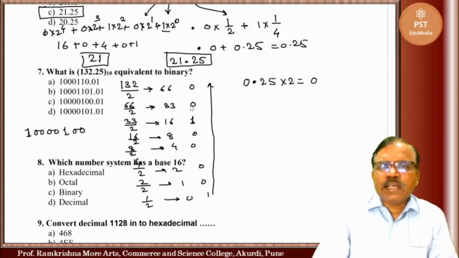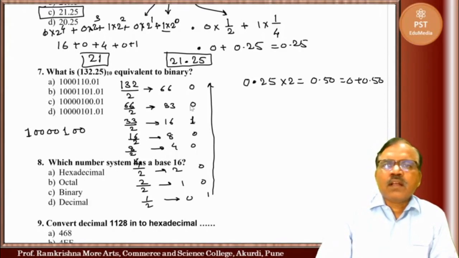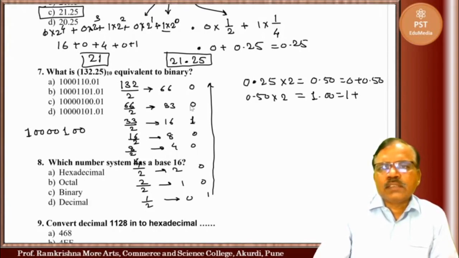So we get 0.50, that is 0 plus 0.50. Now 0.50 into 2, you will get 1.00, so it is 1 plus 0.00. So what happens here? We got 0.00, so do not continue. And we have taken the integer parts out, so that is 0, 1.